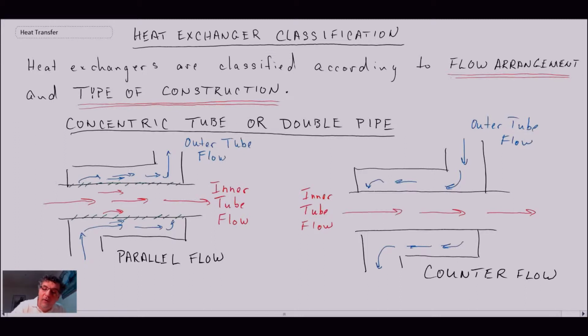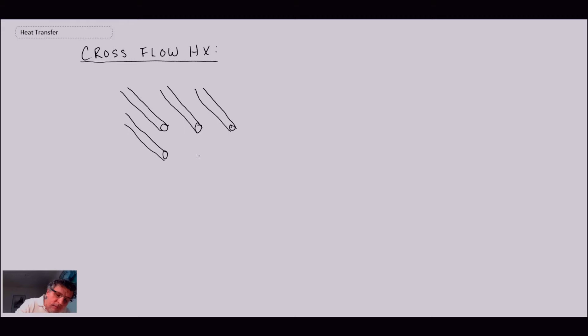Another flow arrangement and type of construction that we have is that for cross flow. So a cross flow heat exchanger. This is a different type of construction. And this is one where we have a tube bundle.